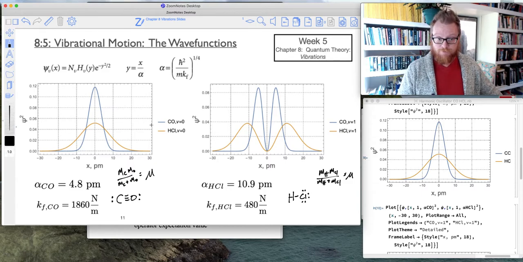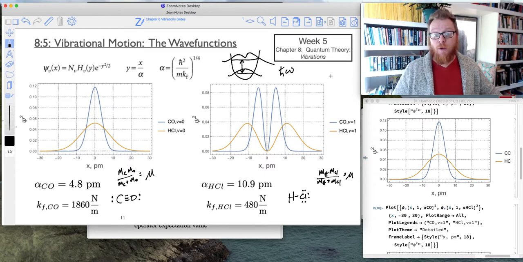If I draw this really quick here, we've got my ground state that looks like this, and my first excited state, which looks like this. We now know the difference between these two energies is given as h bar omega.